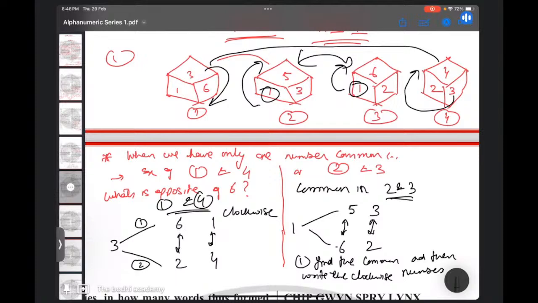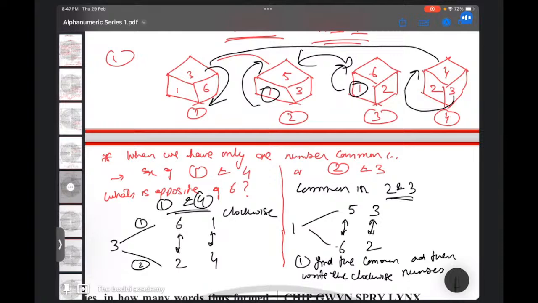So if any type of problems come like this, then what is opposite of, and you are given 4 to 5 dice, 5 to 6 dice, and you are asked to find what is opposite of a particular number, then don't get panic. Take any two in which you find only one common, you will get the answer. Take the common part, arrange them in the clockwise, and then the opposite, what you can see, they are the opposite pairs.